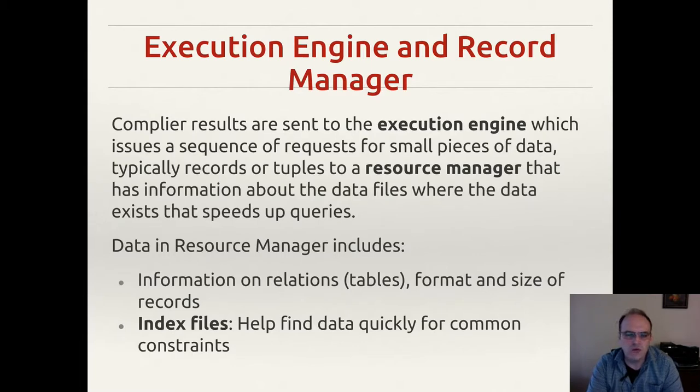So now those algebraic expressions are passed down through to the execution engine, which then issues a series of requests for the smallest constituent parts of our data. This is very dependent on how the database management system actually stores the information, but the execution manager's job is to take each part of that query and break it down into individual tuples, basically.